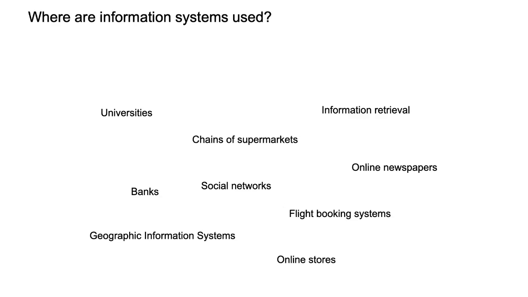A store where you buy something also has an information system, like Digitec or Migros or a chain of supermarkets, which have information systems for the inventory of the shops and so on. The banks have an information system when you withdraw money at an ATM. There's an information system behind all of that. And once you've taken this course, you will understand how it actually works behind that.